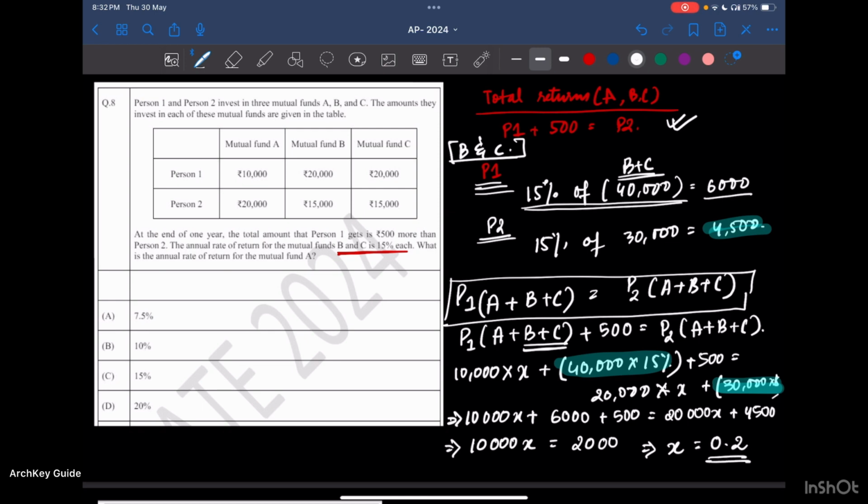Now this is a number, but I want a percentage. So what would it be? 0.2 into 100, which is 20%. Hence, 20% is the return from A. Answer D. Clear? Did you understand this statement? If you understood this particular statement, that is where we got this from.